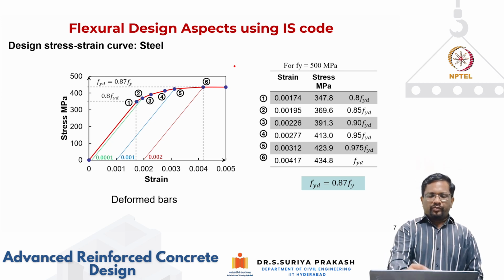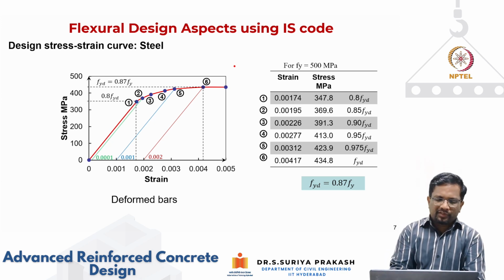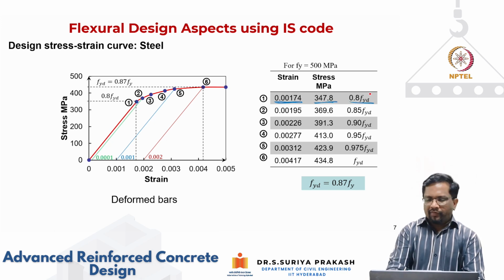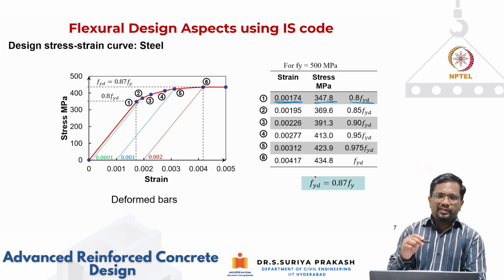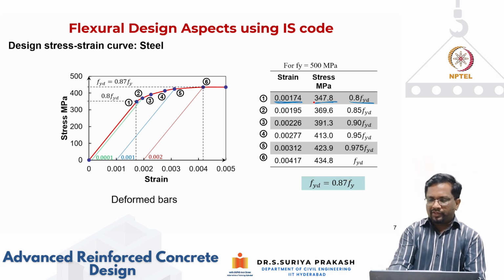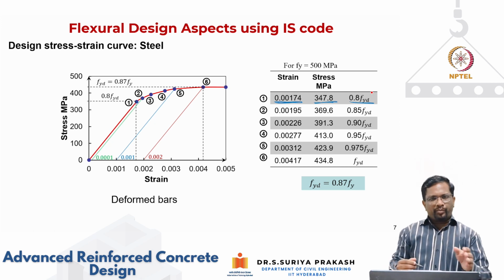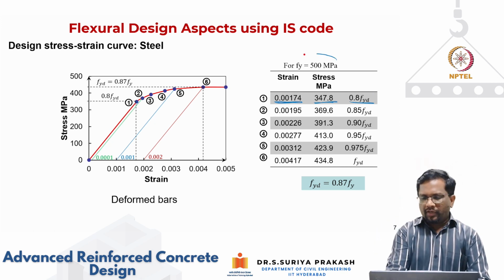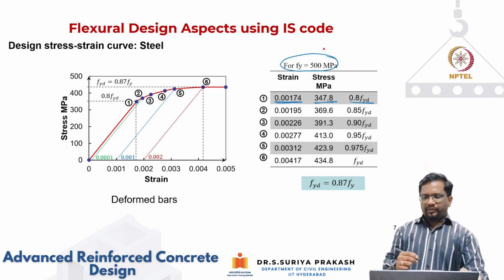The code gives you the values for the design stress strain curve. For example, for a total strain of 0.00174, the stress is 347.8. That corresponds to 0.8 FYD, where FYD is the design yield stress, which is taken as 0.87 Fy. So 0.8 multiplied by 0.87 Fy, we are showing it for a stress of 500 megapascal, right?